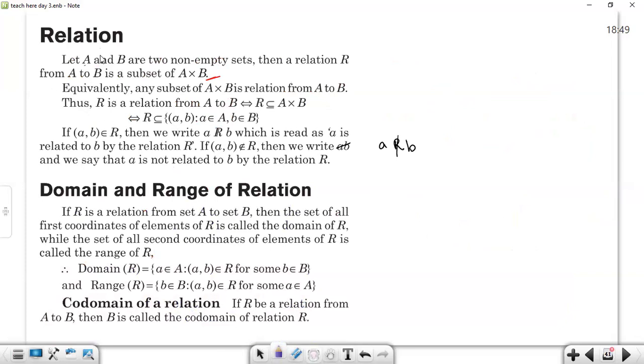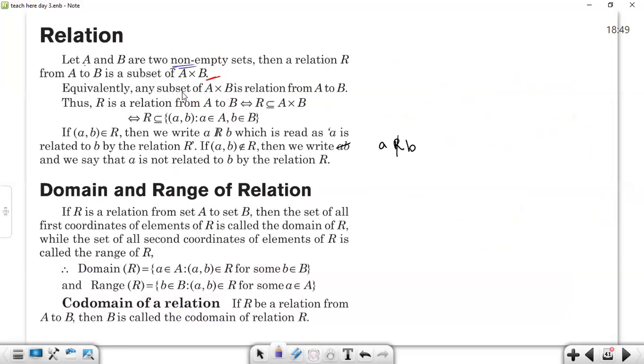So let's now read the bookish language. Let A and B be two non-empty sets, then a relation R from A to B is a subset of the Cartesian product of these two sets.